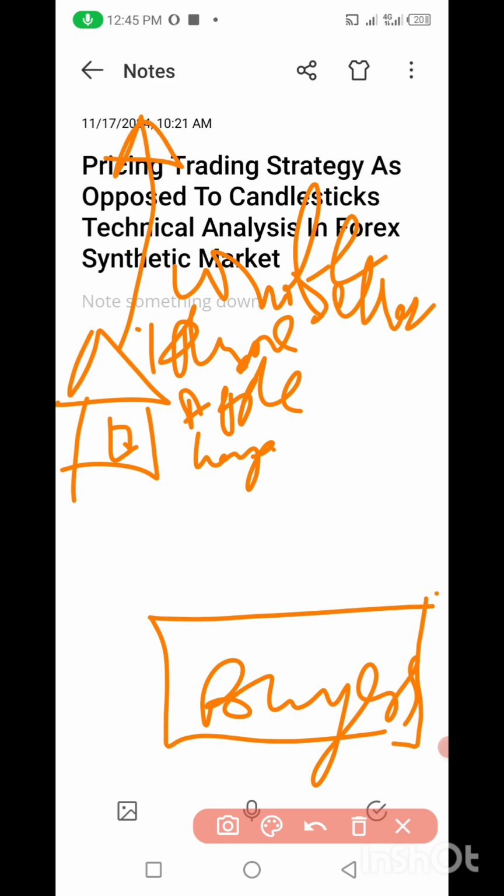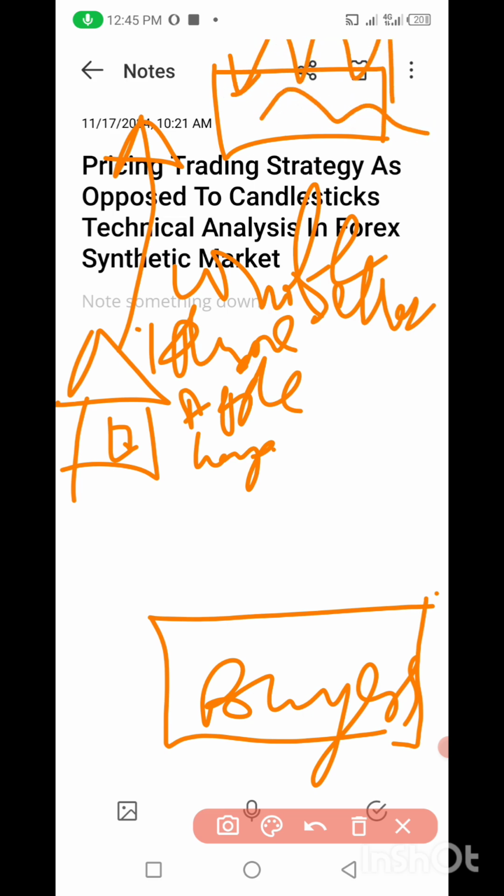So let's represent this as manufacturer. The manufacturer of iPhone and Apple laptop actually bought raw material from another party, let's represent it with E, the extractive industry.